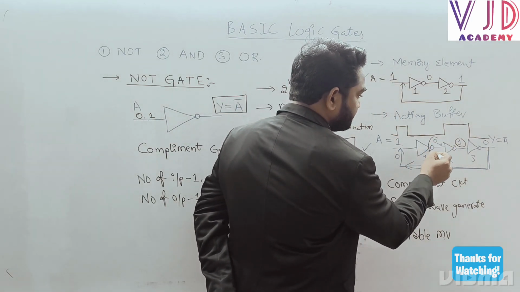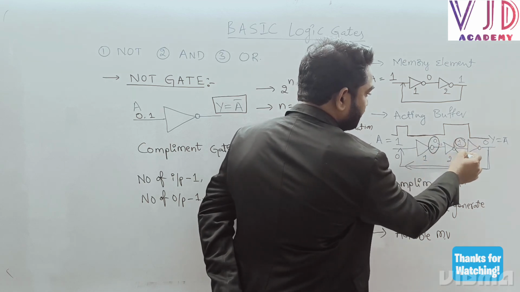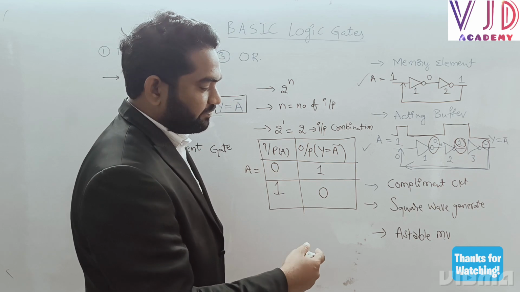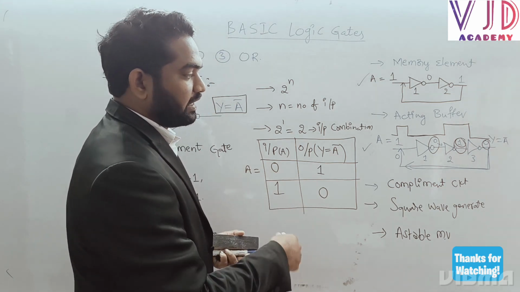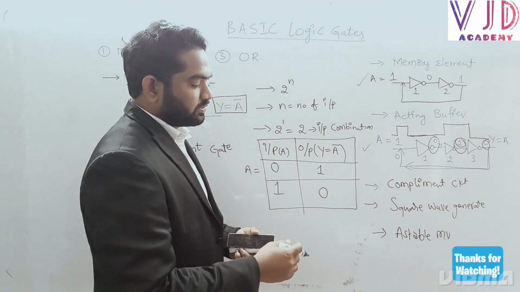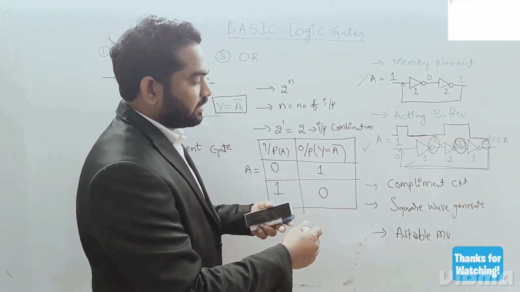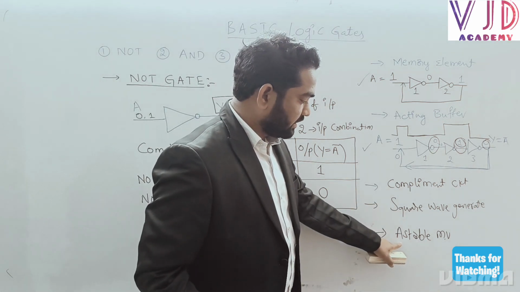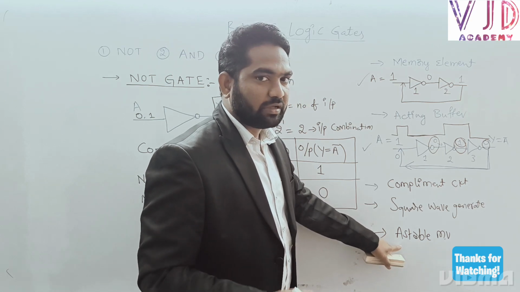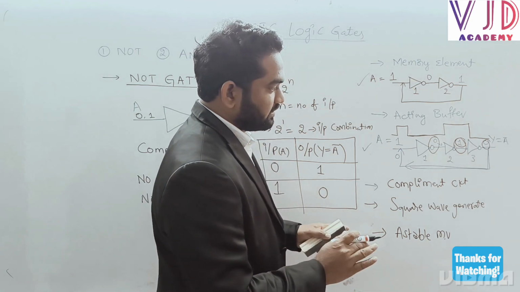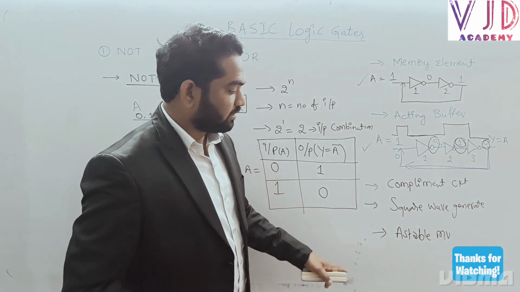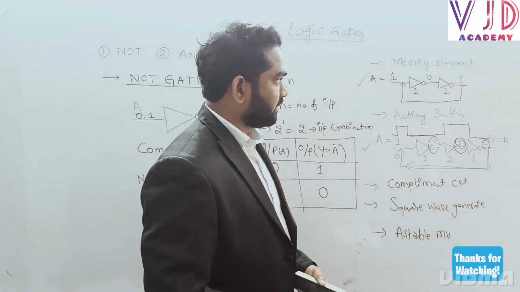Here this is 0, now this is 1, and now this is 0. One gate is stable while another is unstable, one after another, so we call it an astable multivibrator.